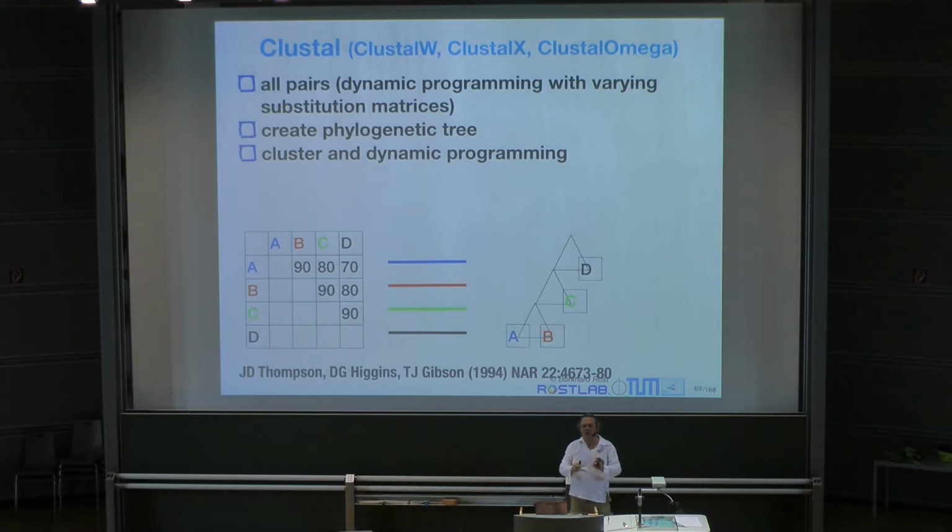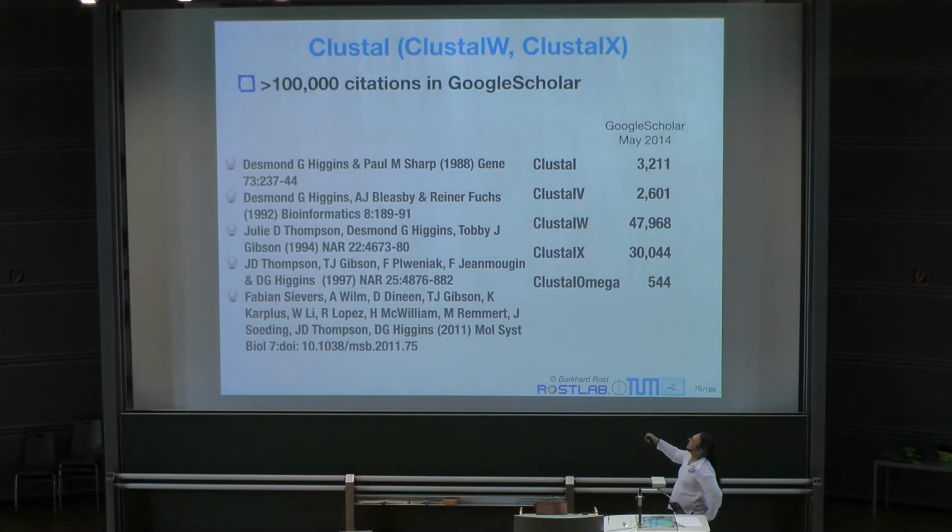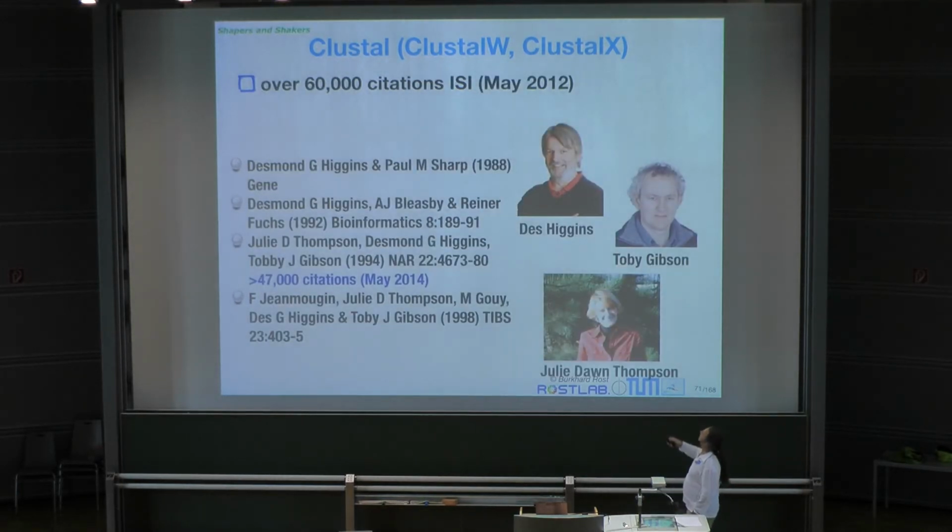So they can tailor the alignment to every comparison at hand. That's one of the reasons why Clustal is very successful. In fact, most likely Clustal is the most quoted paper, most quoted method on Earth, in any discipline. The people behind Clustal, the original one, were Des Higgins, Toby Gibson, and Julie Thompson.